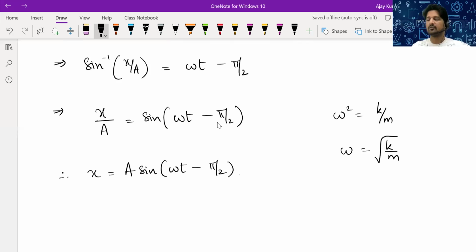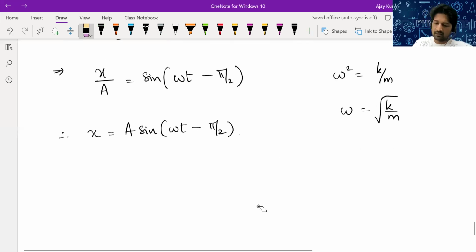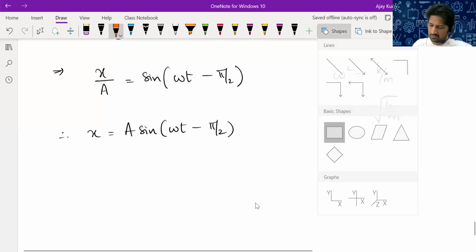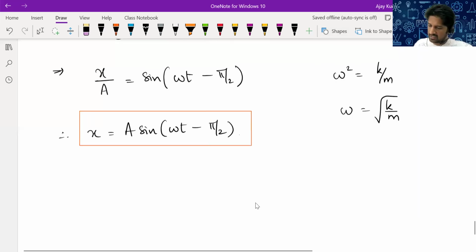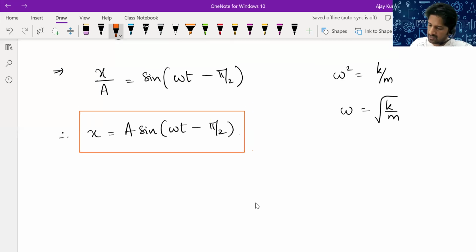That is why we had replaced k by m as omega square, because here you would have gotten under root k by m, which would have made this equation very tedious to write. It's simpler to express it in terms of omega. So we get omega here. Okay, so finally we have gotten somewhere. We got x as a function of t.